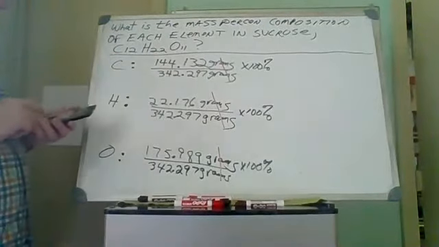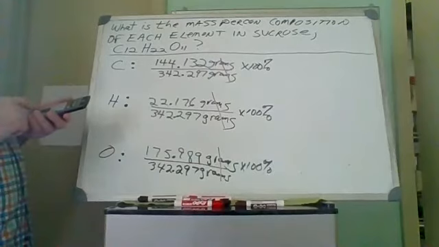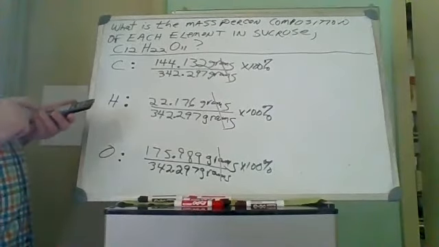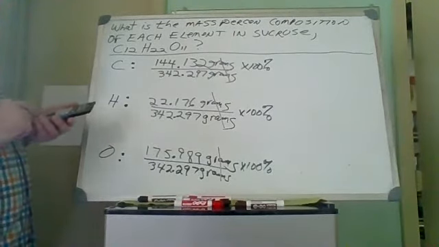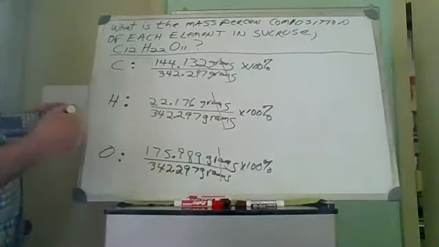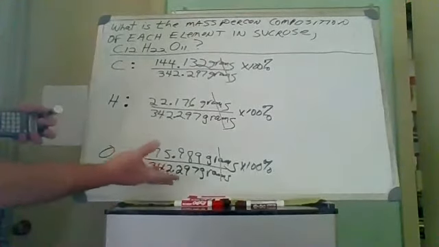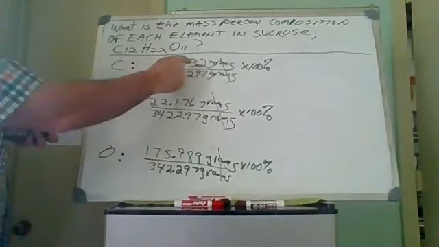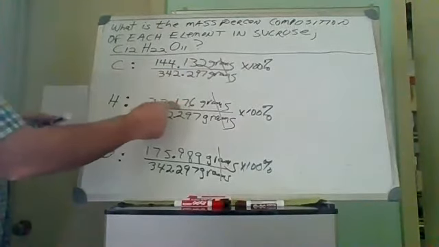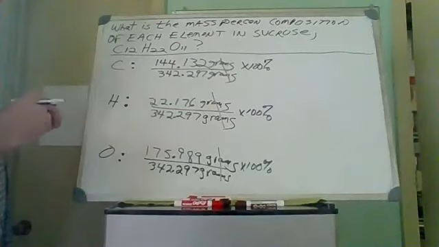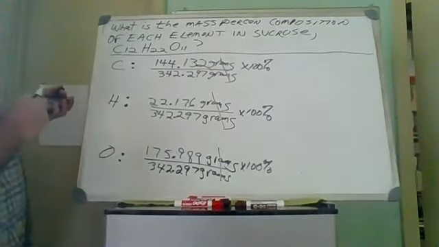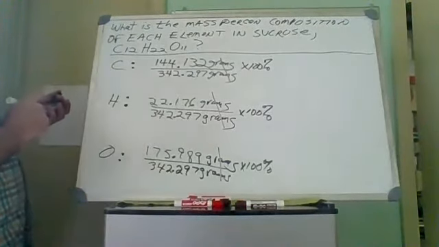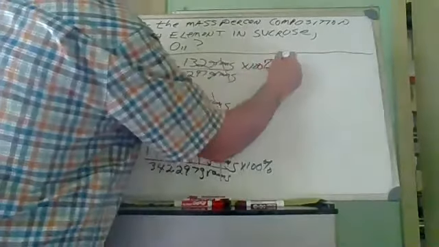So for the carbon, 144.132 divided by recall 1 equals, times 100 equals. Now let's see, in each of these I should have 6 digits. So the carbon is 42.1073.